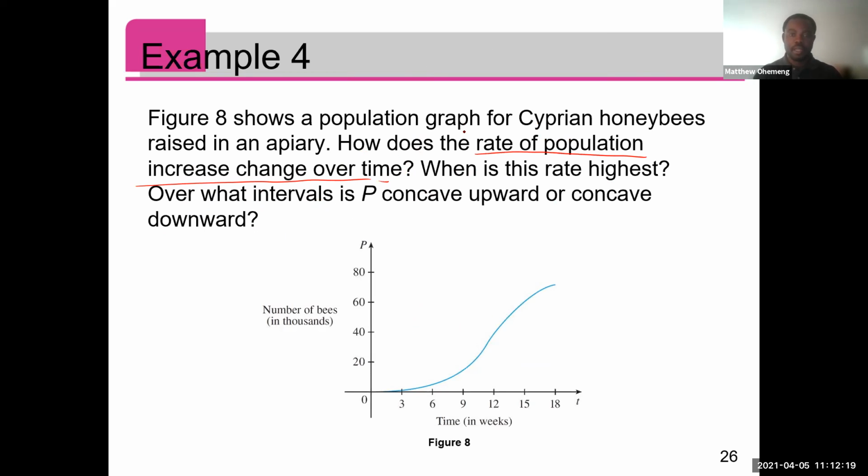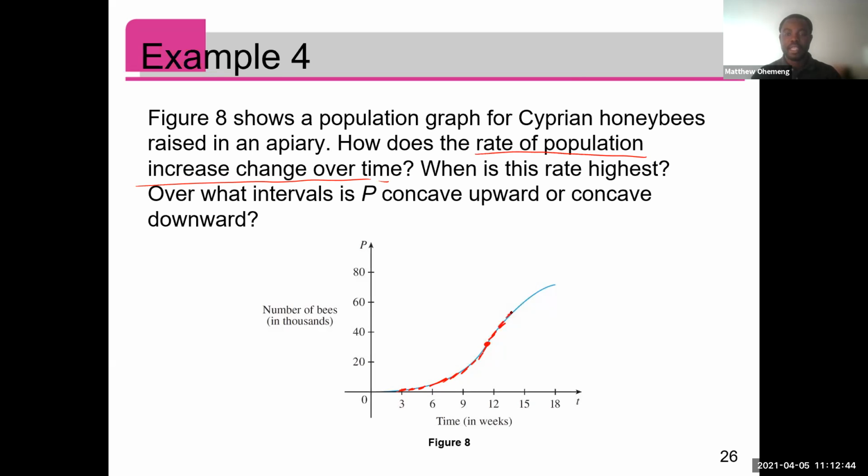So for this one, how does the rate of the population increase change over time? Now, you notice that as we start from below here, the rate is not that steep, right? The slope of the tangent is not so steep. It goes and becomes much steeper as we proceed, till somewhere around 12, where it begins to decline.